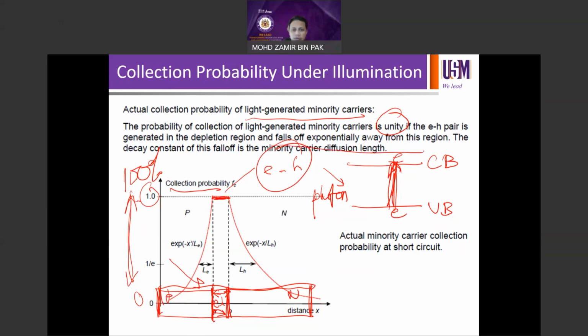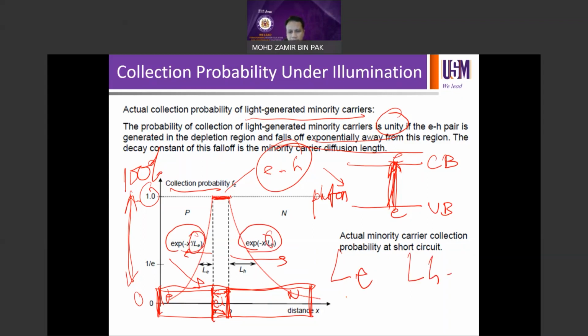Okay, so that means if you're going away from the depletion region to the right or to the left, you should expect your collection probability to fall off by this factor, right? For electrons and for holes on both sides. So the decay constant of this fall off is the minority carrier diffusion length. So it will be dependent on LE and LH.